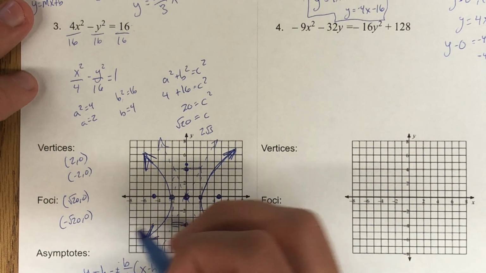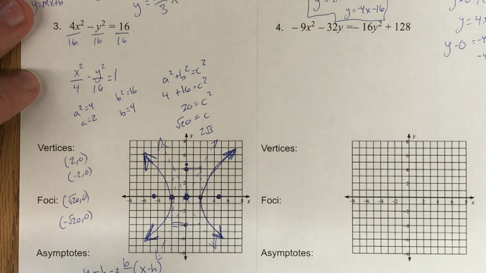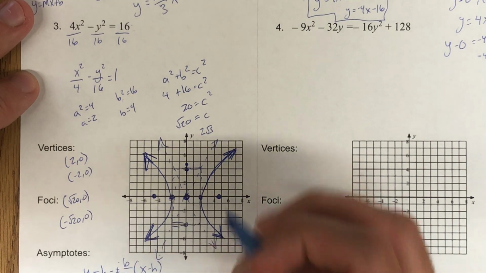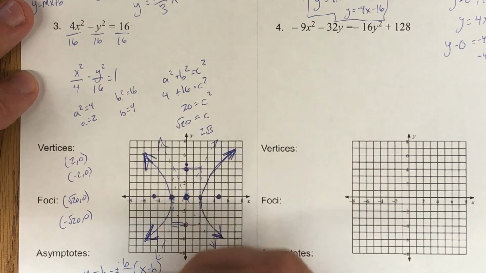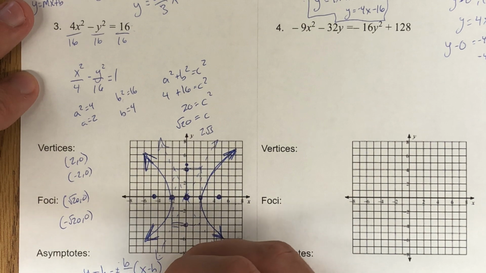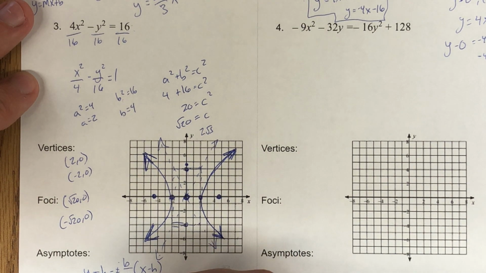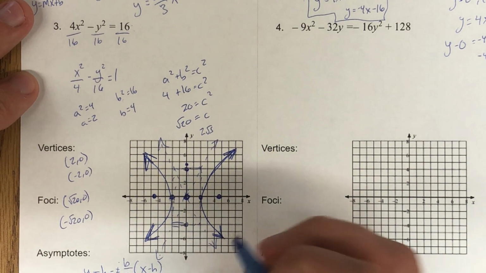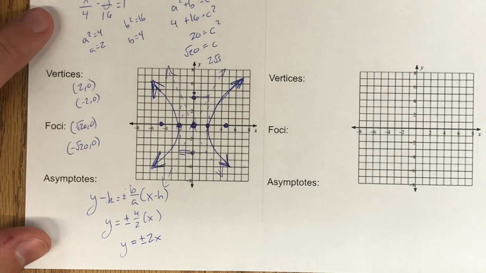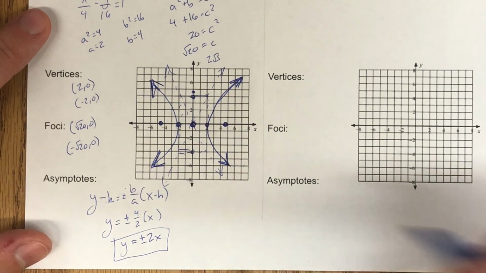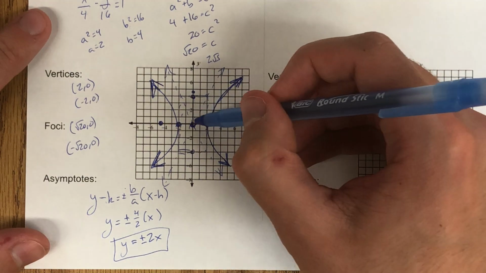So our k value is 0, our h value is 0, so we have y equals plus or minus, b is 4 and a is 2, so 4 over 2 times x, or just 2. So y equals plus or minus 2x for the asymptotes.